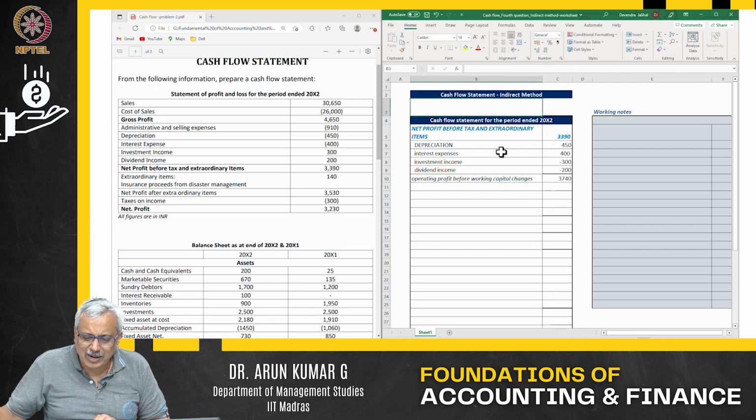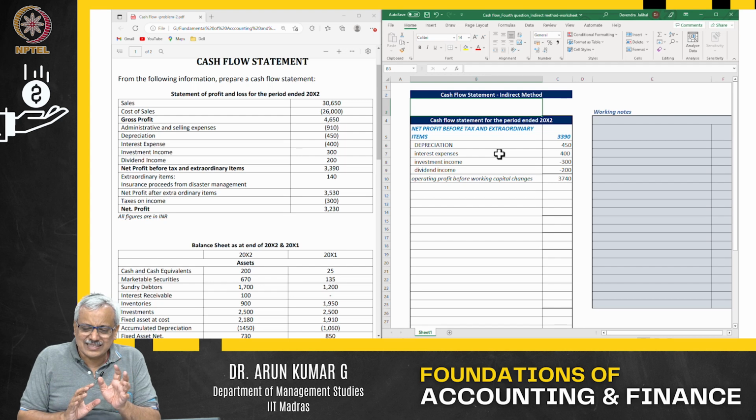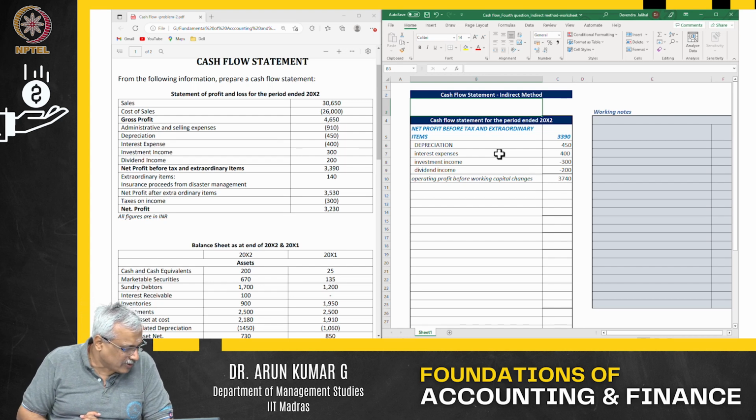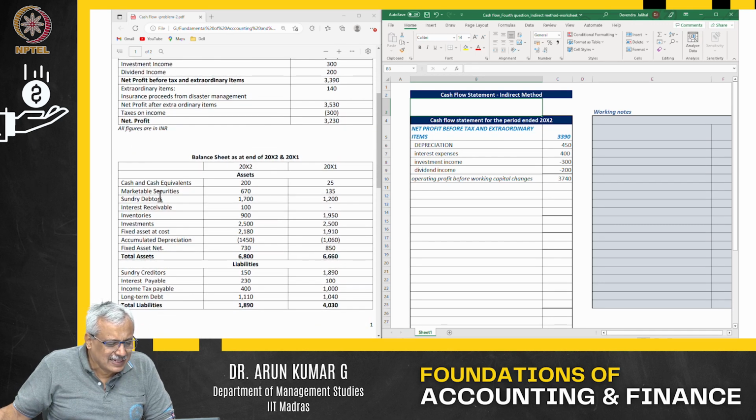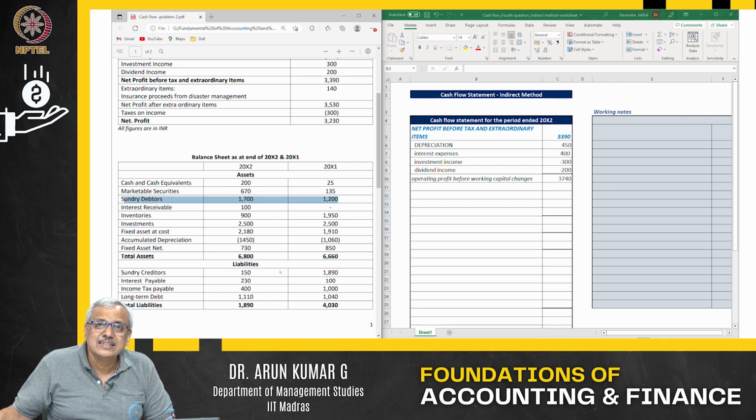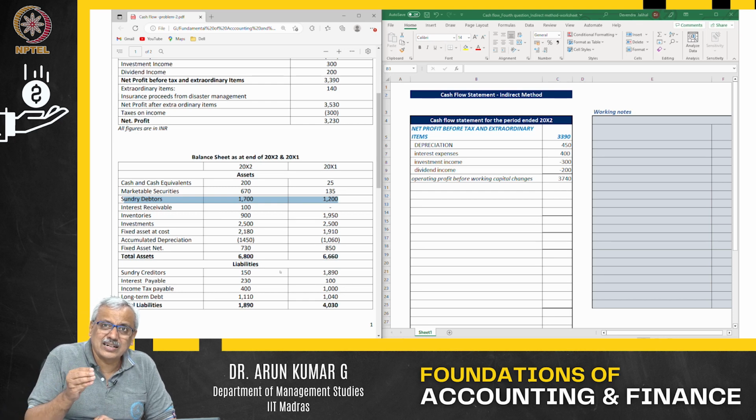What do you mean by working capital? The changes in the current assets and current liabilities, that is what we are going to see. Going back to the indirect method, there is an increase in sundry debtors by $500. That means you would not have received some $500 more.